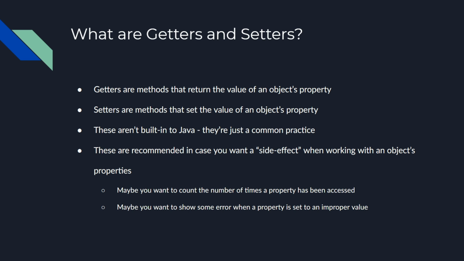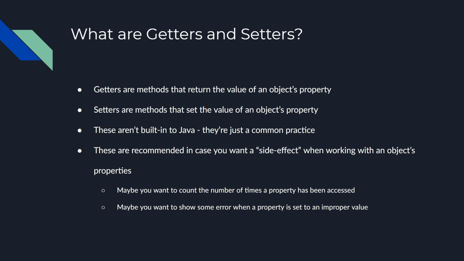A getter is a method that will return the value of the property. So we can create a method called getWheels, and it will just output the number of wheels. If we only have that getter, someone using our car object can see the number of wheels, but if it's still private, they can't change it. So they can look, but they can't touch, if that makes sense.